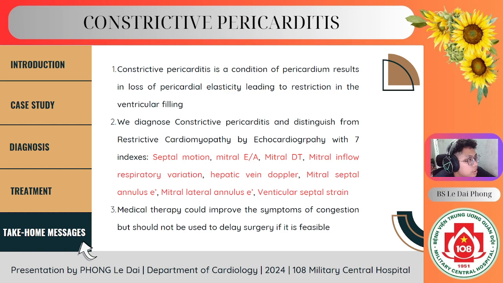The second one is we diagnose constrictive pericarditis and distinguish it from restrictive cardiomyopathy by echocardiography with several indices: septal motion, mitral E/A ratio, mitral DT, mitral inflow respiratory variation, hepatic vein Doppler, the mitral septal annulus e' and the lateral one, and ventricular septal strain.